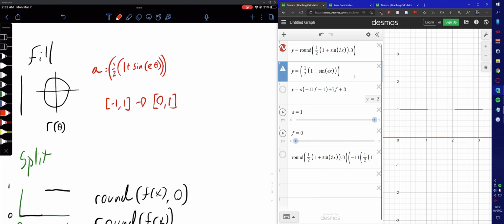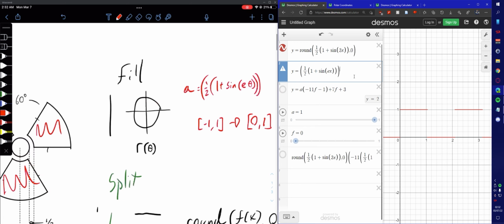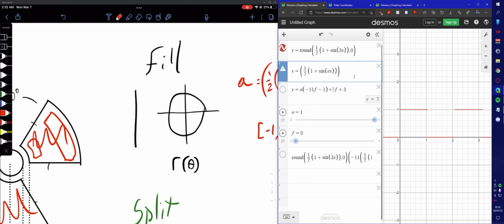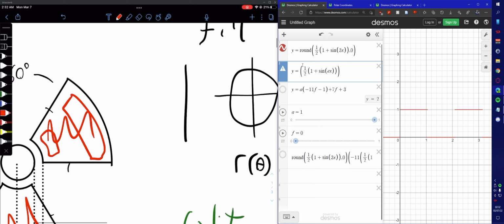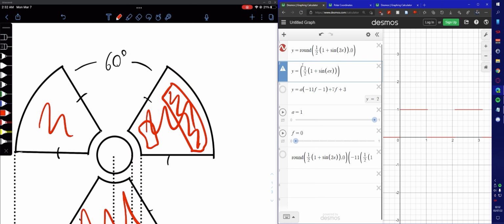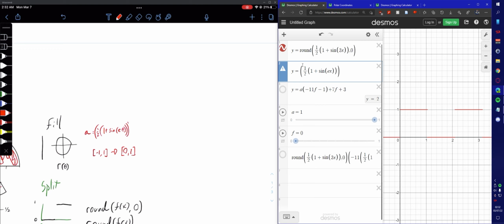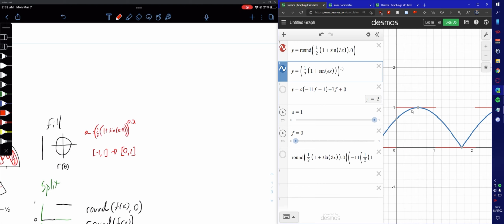And because there's more area toward the outside than the inside of the sine, if we raise it to a power, let's say 0.5, there's more of it towards 1.